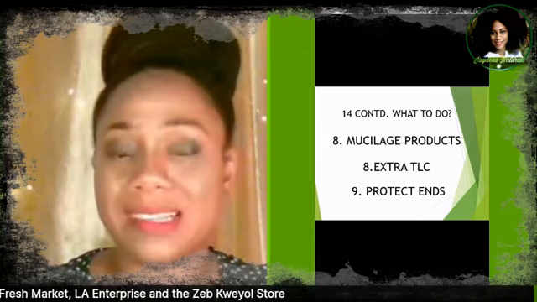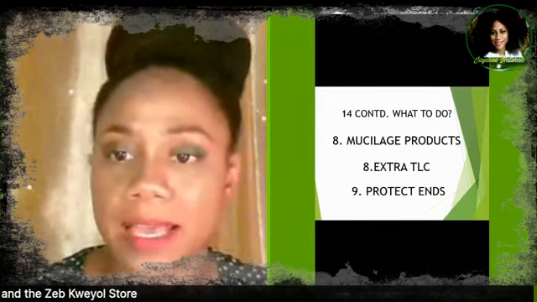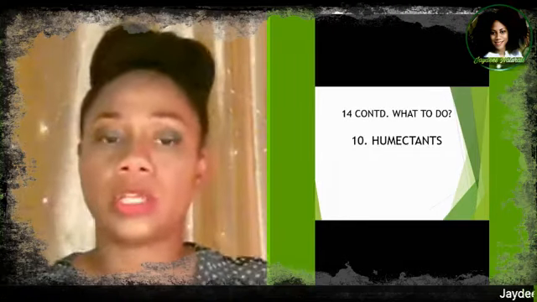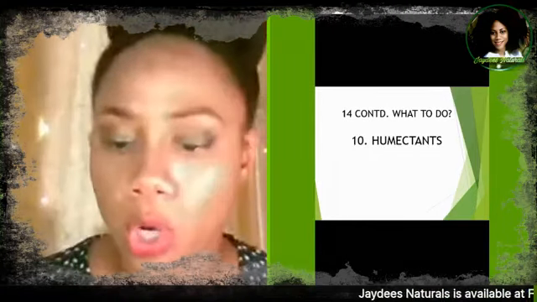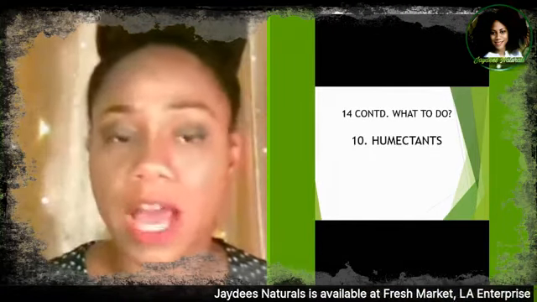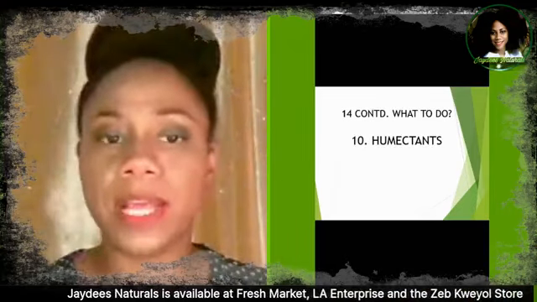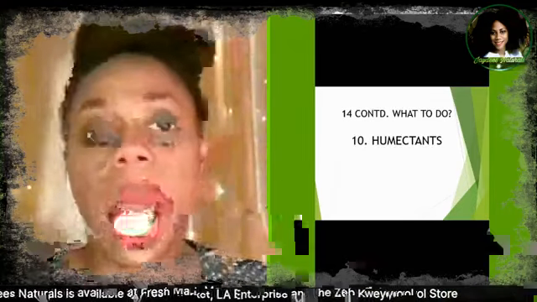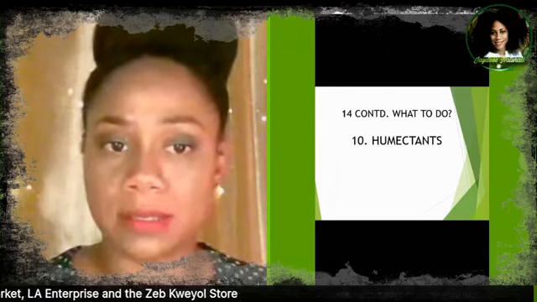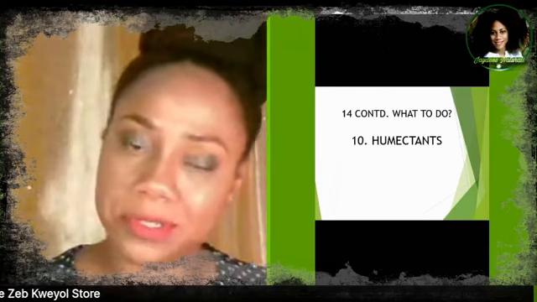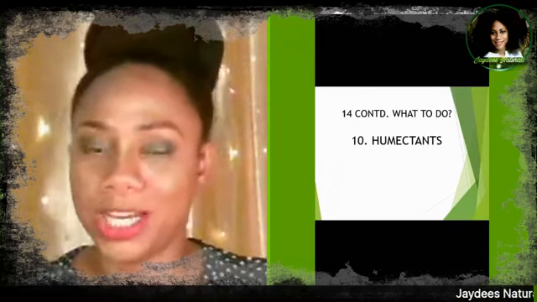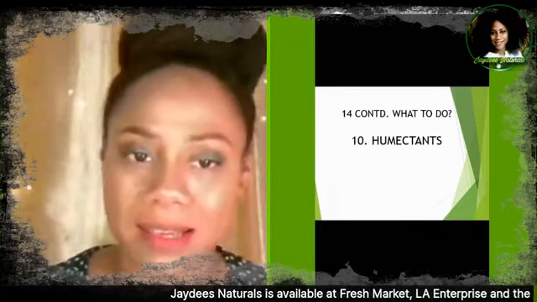Okay. So, high porosity hair. I hope you all understand how to identify it and what to do. Humectants are always recommended for those with high porosity hair. As I explained before, my spray has a lot of humectants in it, because obviously I made it for myself first and I'm high porosity.